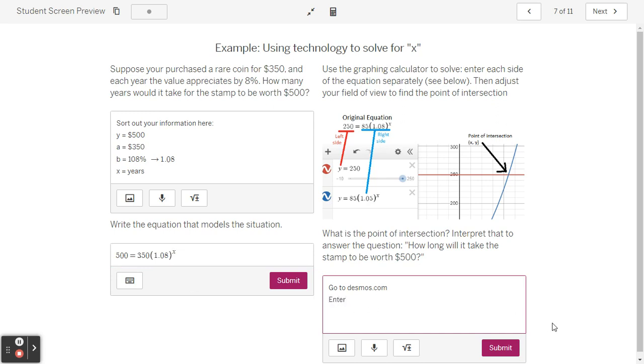So enter equation 1, y is equal to 500. The second equation, I'm going to enter number 2. We have y is equal to 350 times 1.08 to the power of x.